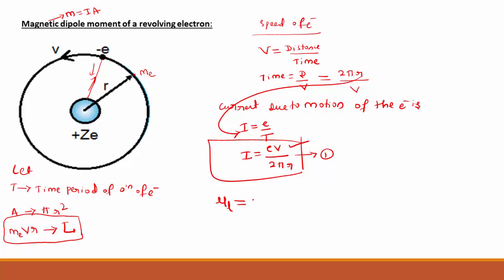Mu l is equal to the product of current flowing through the loop and the area of the loop.